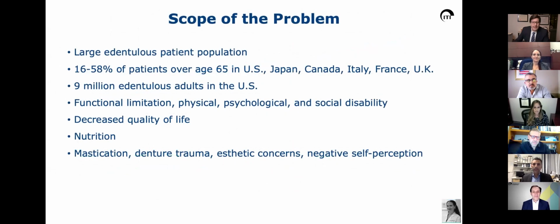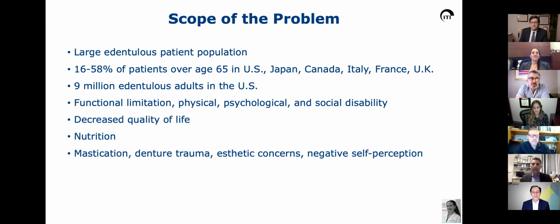So Dr. Agalu, what is the scope of the problem with our population of edentulous patients? Well, definitely the population is growing. As you can see, a large number of our patients are over 65, 9 million alone in the United States. And not only do we have issues with nutrition when we're edentulous, but just like I'm sure many patients come to you, Dr. Bedrosian, they are looking for an improved quality of life.